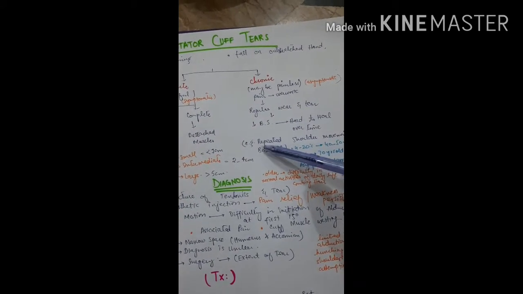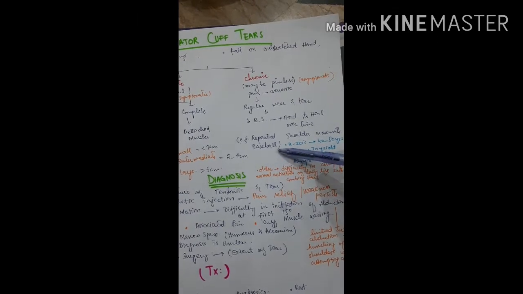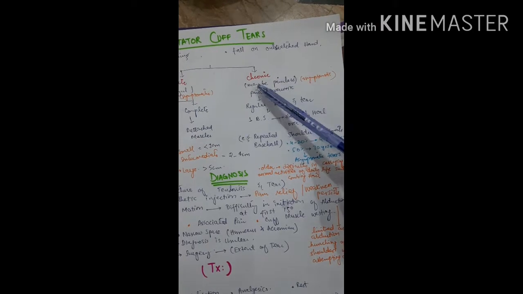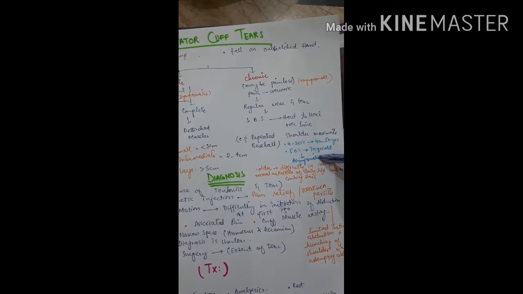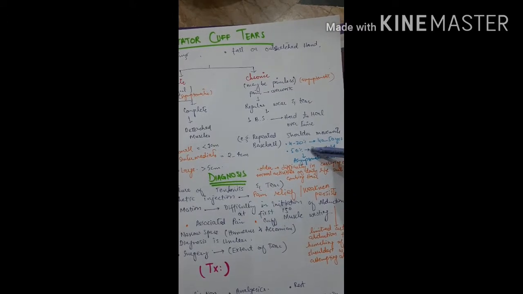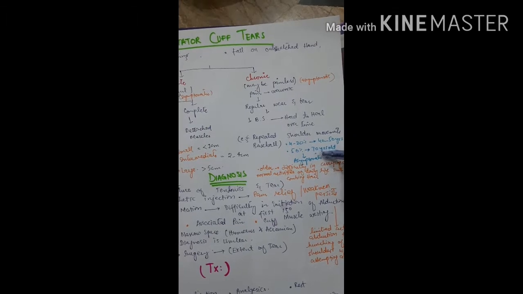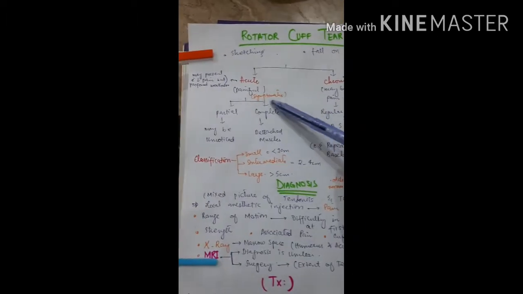Chronic tear occurs in a person who performs repeated shoulder movement, for example baseball sportsmen, and in the elderly it could be entirely asymptomatic, like 4 to 20% of 40 to 50 year old patients and 50% of 70 year olds have asymptomatic rotator cuff tears.